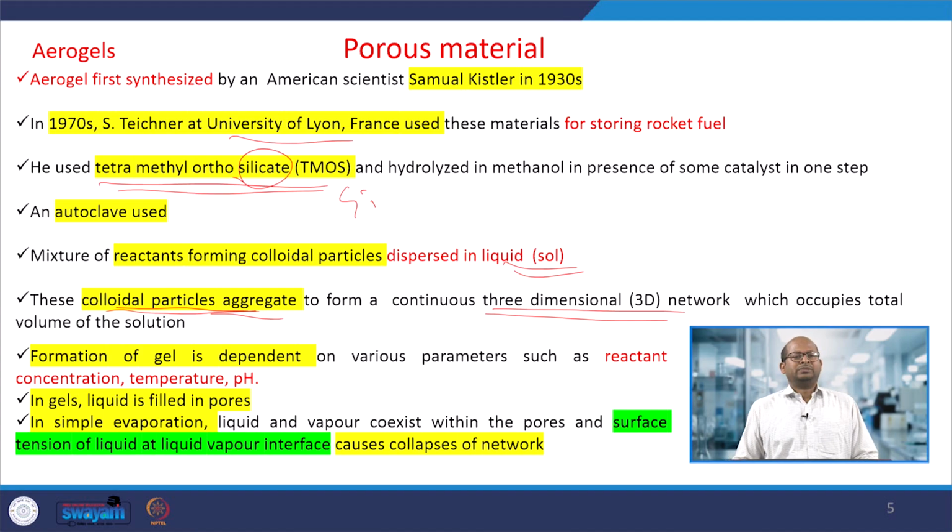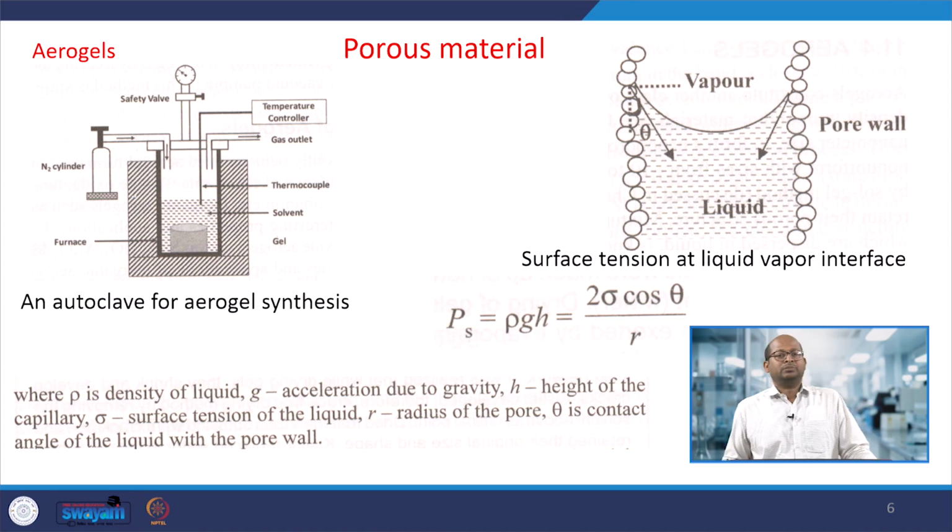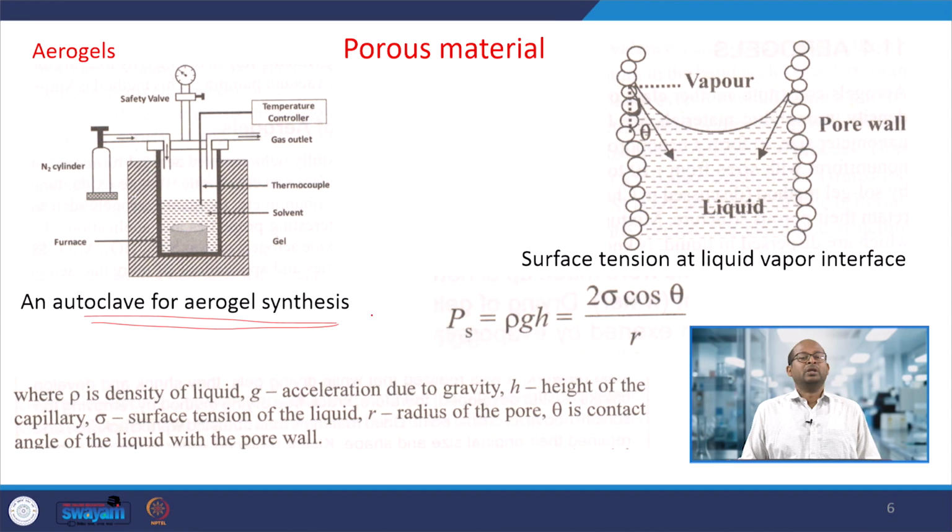With conventional evaporation methods, if the gel has some solvent inside and we use simple evaporation to remove that solvent, there is a chance of collapse of the structure or framework that has formed. Therefore we have to use autoclave reactors, where we can use solvents and precursors and maintain some temperature and pressure also. In that way we can prepare the gels.